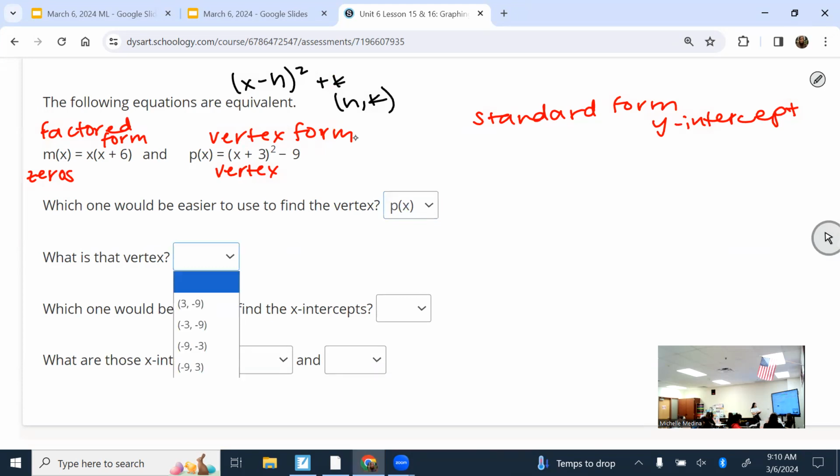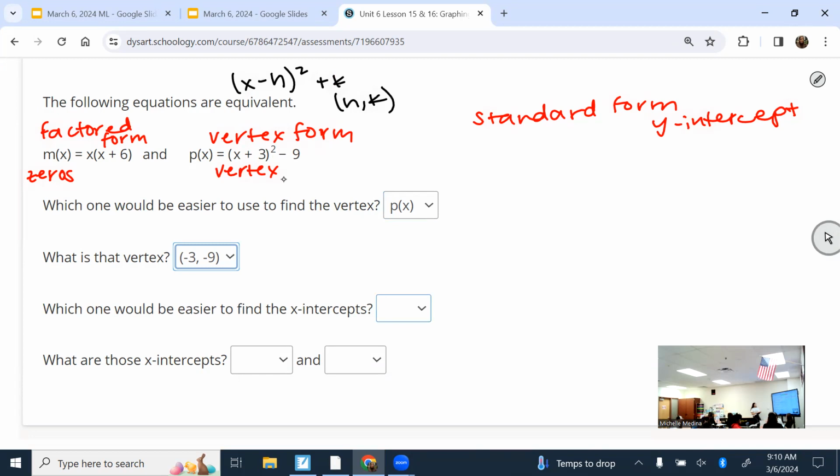So out of these options, the 3 has to be positive or negative. And there's only one option that even has it like that. So yeah, the H is always opposite of how it looks in the equation. So if it looks positive, it's actually a negative that they had to plug in. But the K always matches. So that's my vertex.